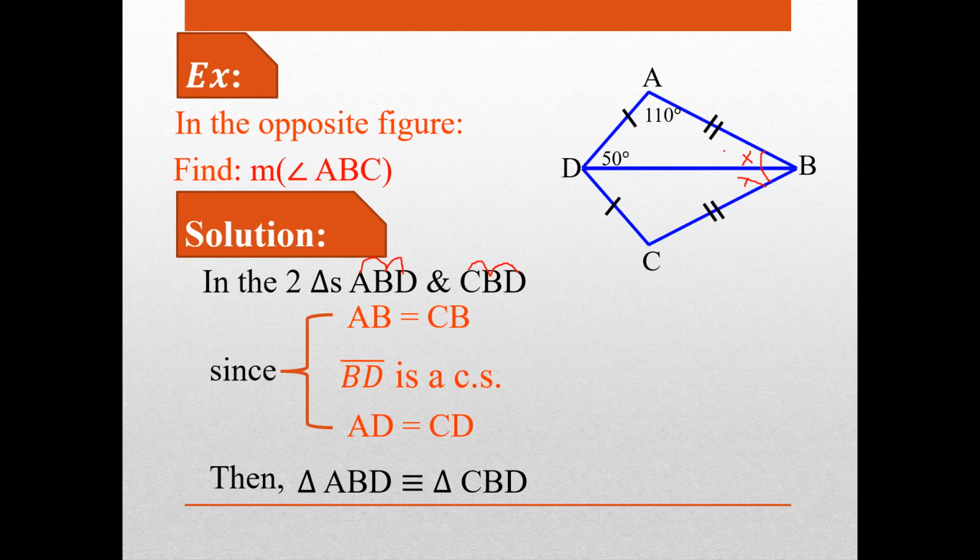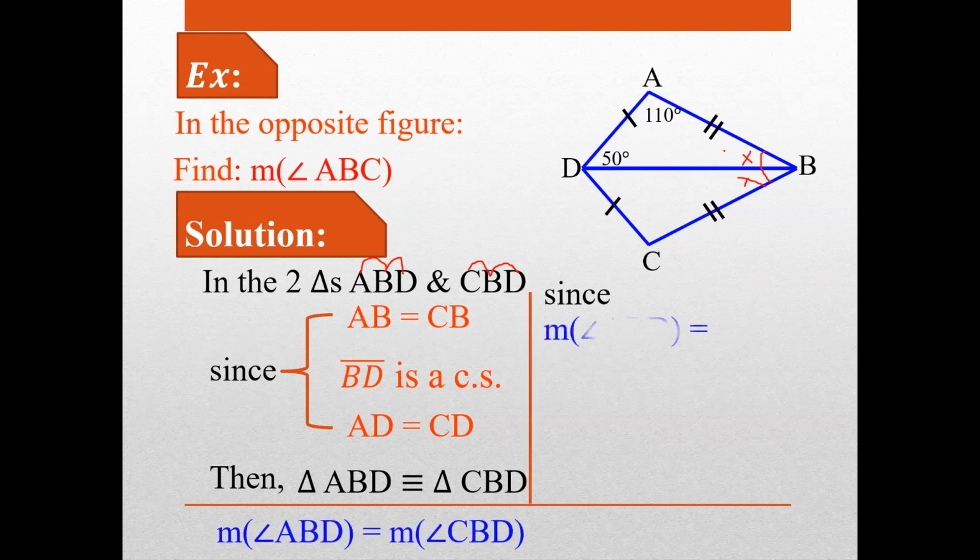So the measure of angle ABD equals 180 minus the sum of the other two angles, 110 plus 50, which is 160. The result will be 20 degrees.